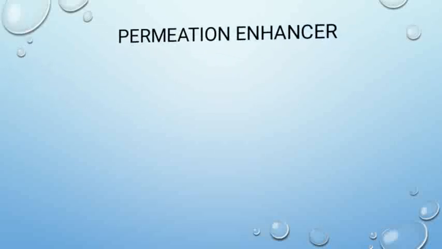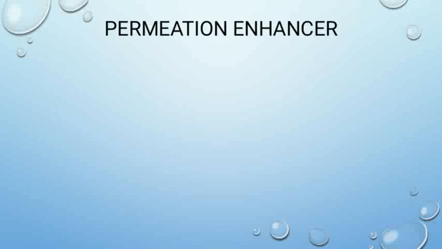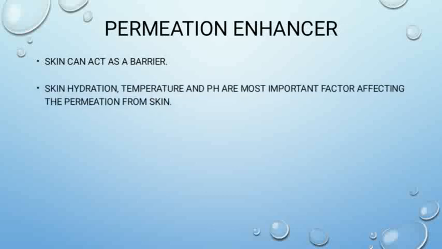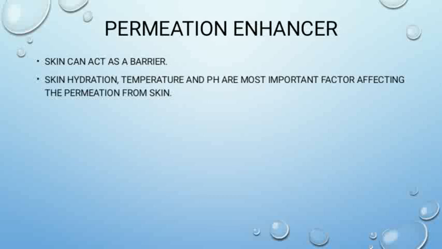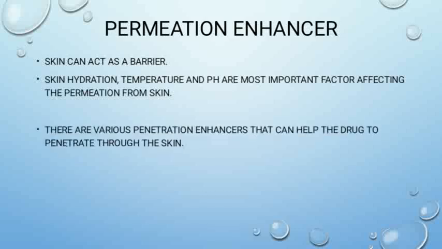The next ingredient included is permeation enhancers. So students, skin acts as a barrier for most of the semi-solid preparations. Therefore, skin should be permeated is the basic role of these permeation enhancers. So skin hydration, temperature and pH are most important factors affecting permeation from skin.